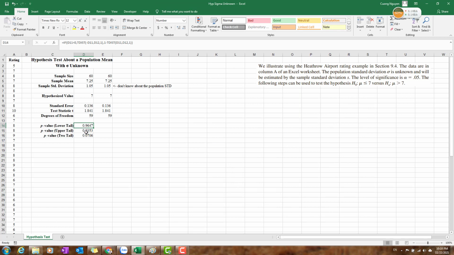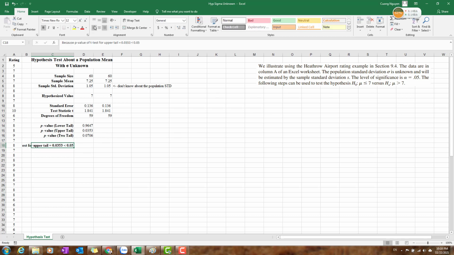And you can easily measure the upper tail, which should be 0.0353. So we can make a conclusion quickly: because the p-value of the t-test for the upper tail is equal to 0.0353, that means it is smaller than 0.05, which is the level of significance over here.